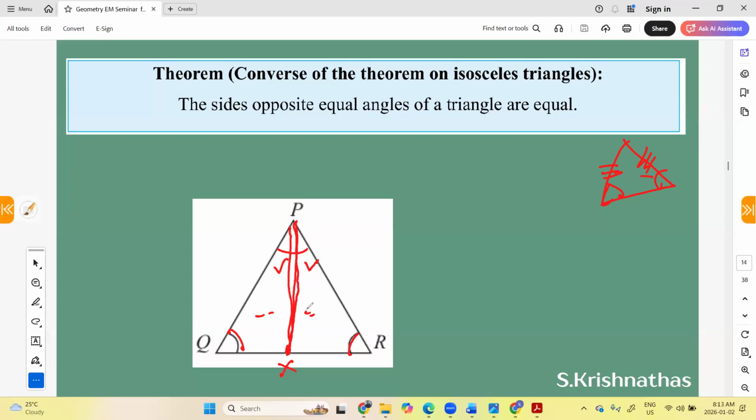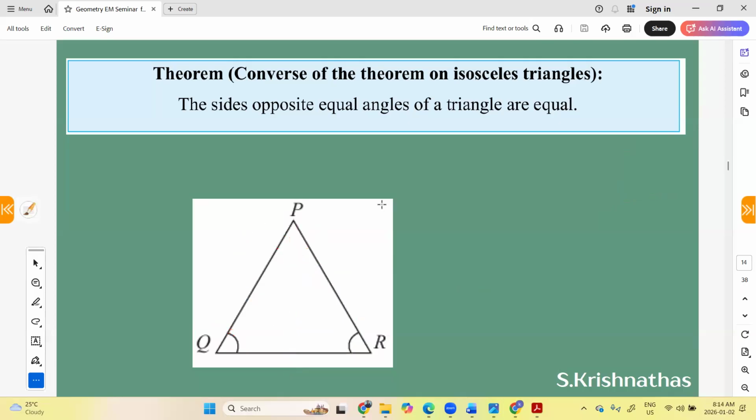So these two triangles are congruent, angle, angle, side. Therefore, corresponding elements are equal, and these two sides are equal. Okay, this is the formal proof of the theorem, right?